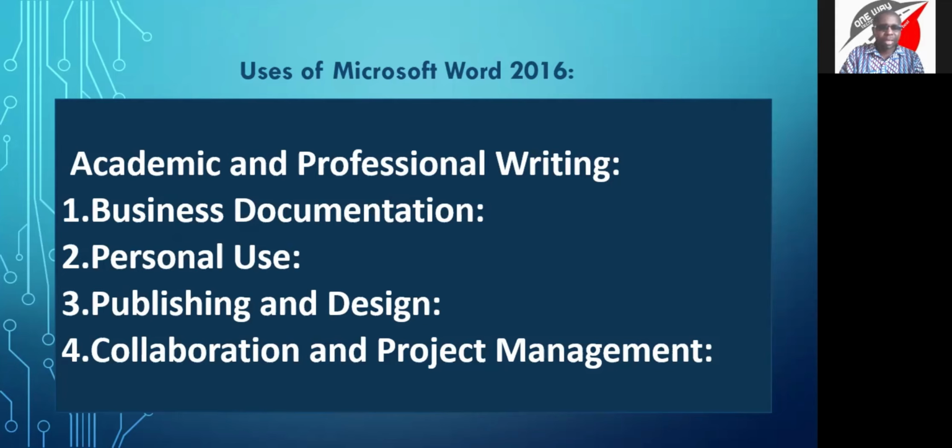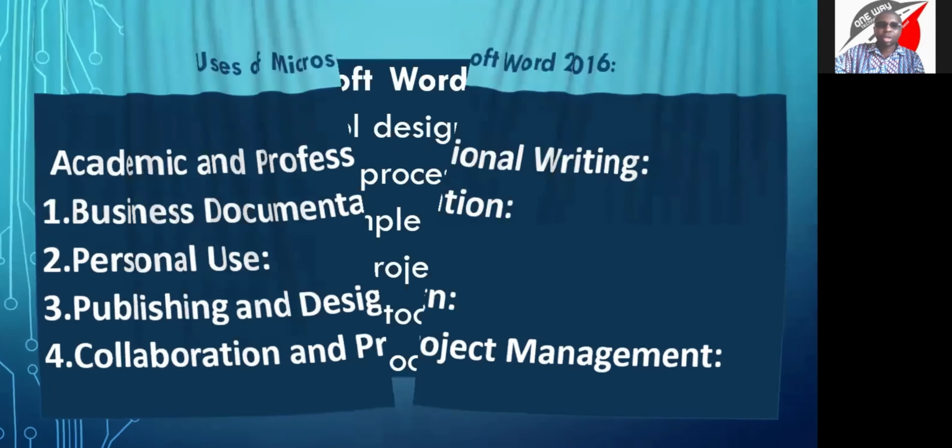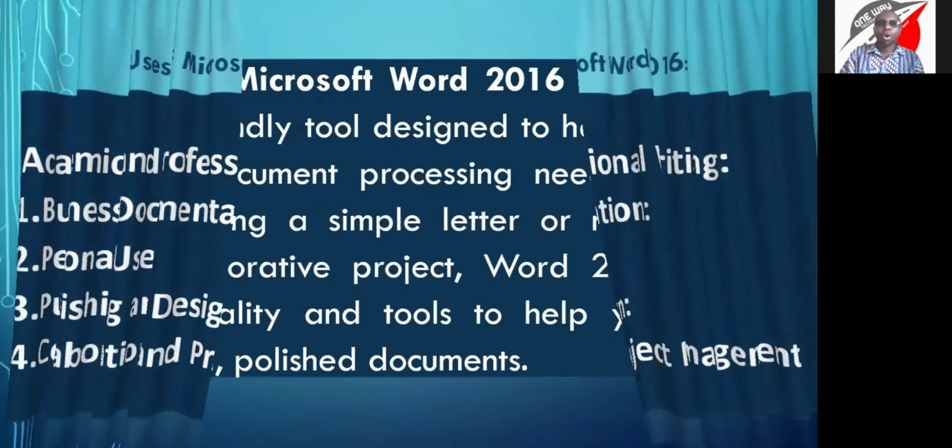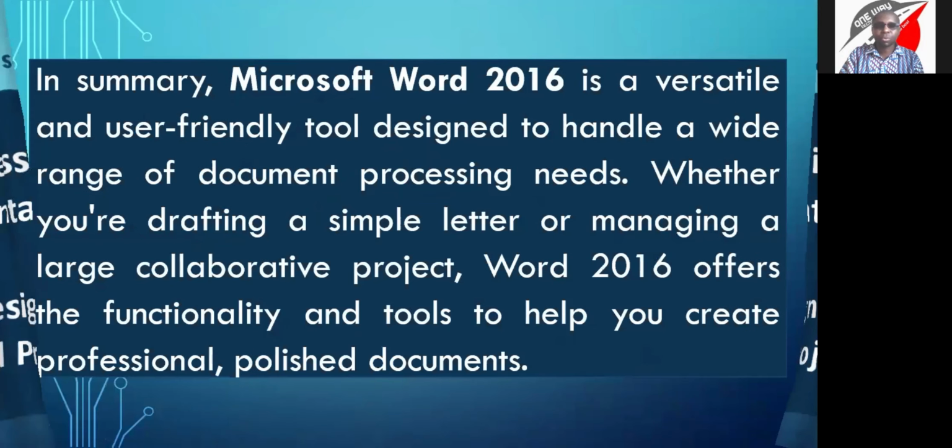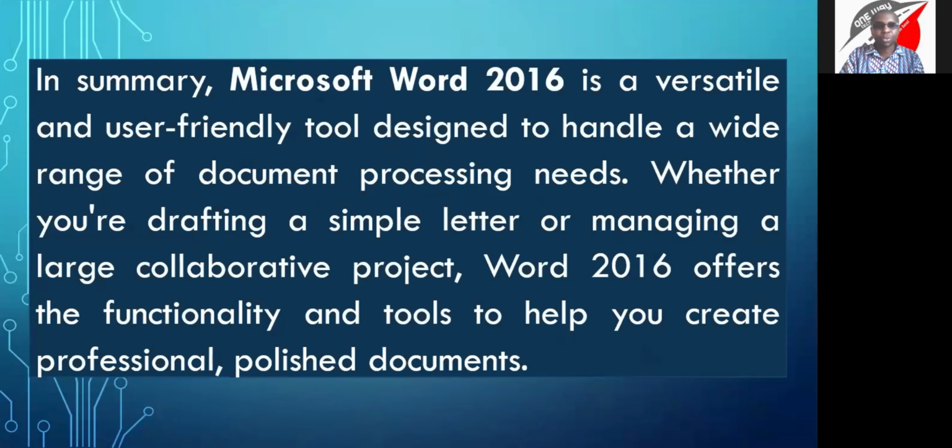It can also be used as a personal tool. You can use it for publishing and designs. It can also be used for collaboration and project management. These are just very few amongst other things that Microsoft Office Word can be used for.